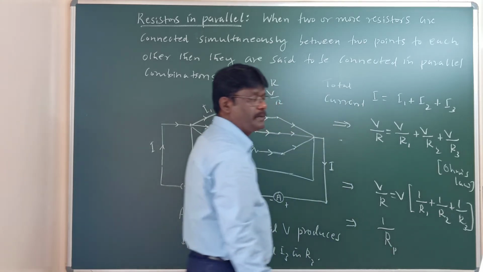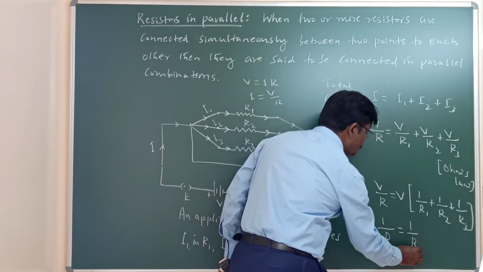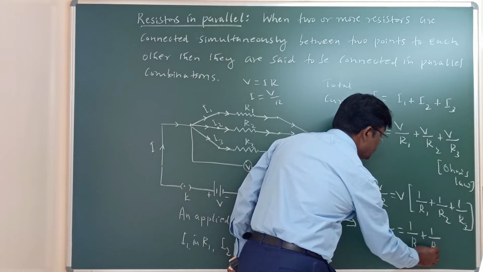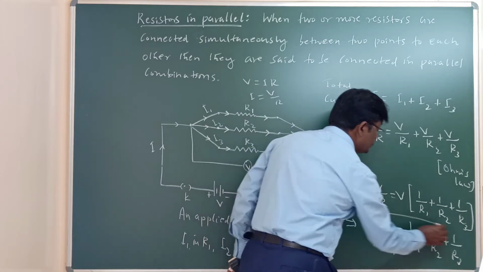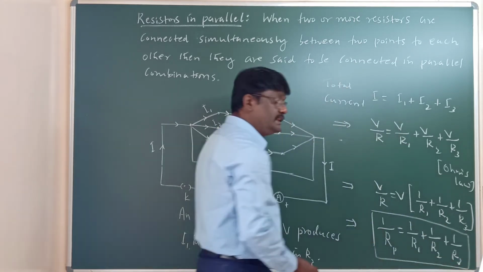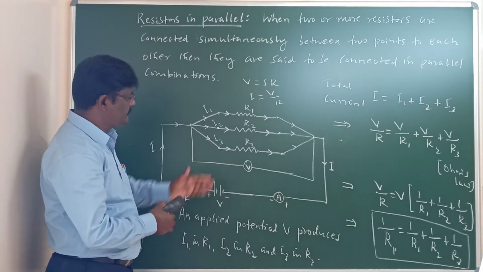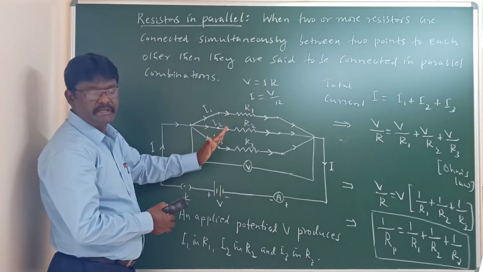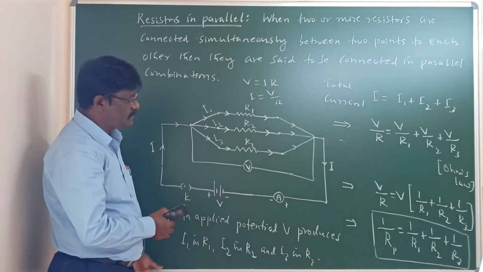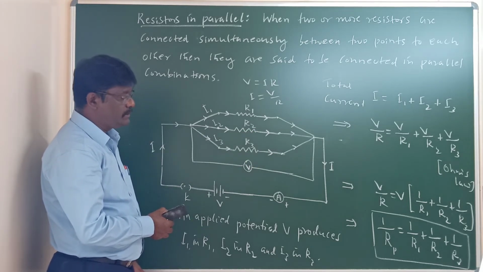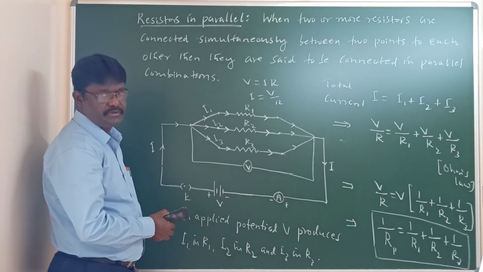P stands for parallel combination, equal to 1 by R1 plus 1 by R2 plus 1 by R3. So, this is the equation used to calculate the equivalent resistance, the resultant resistance of different resistors when they are connected in parallel. If three resistors are connected, then that is the formula: 1 by Rp equal to 1 by R1 plus 1 by R2 plus 1 by R3.